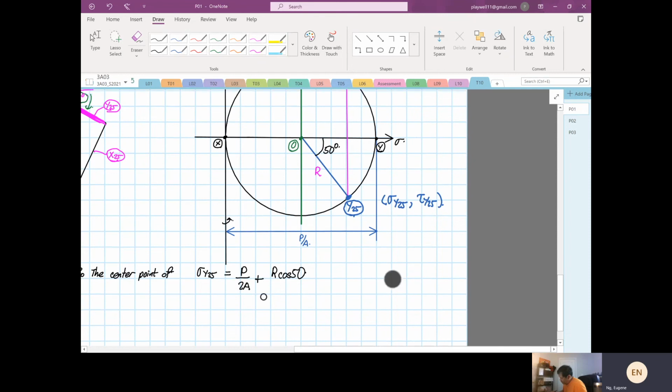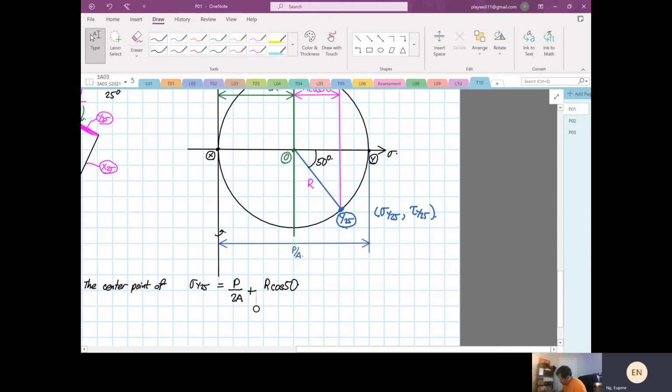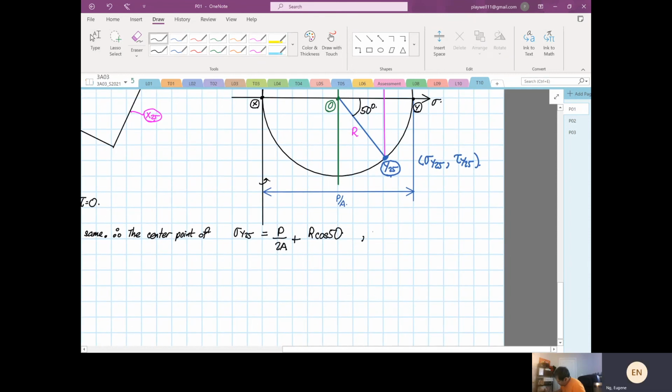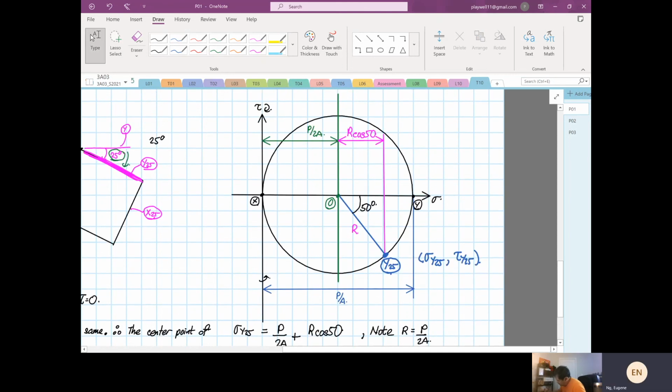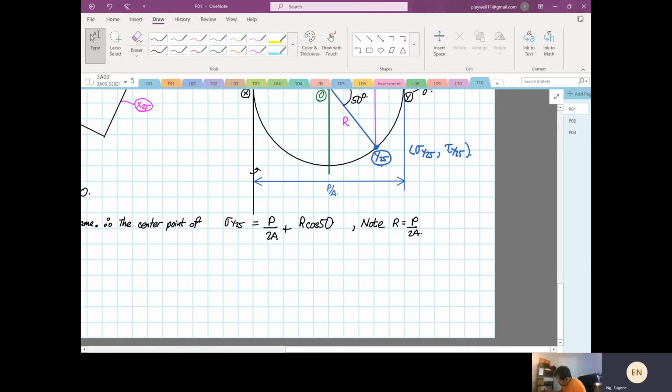We also know our radius is equal to P over 2A. So this expression comes out to be P over 2A plus P over 2A cos 50.